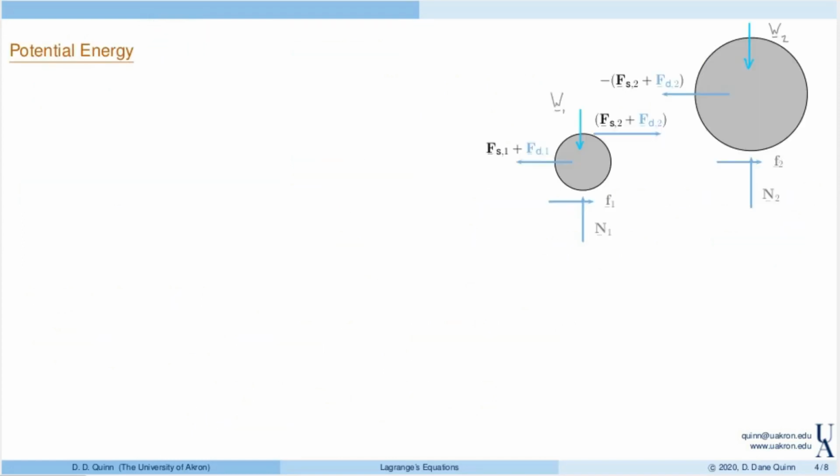So now we turn to the potential energy. Well, again, the total potential energy is just the potential energy of all the parts. So here, that's spring 1 and spring 2. So we have potential energy in the first spring and the potential energy in the second spring.